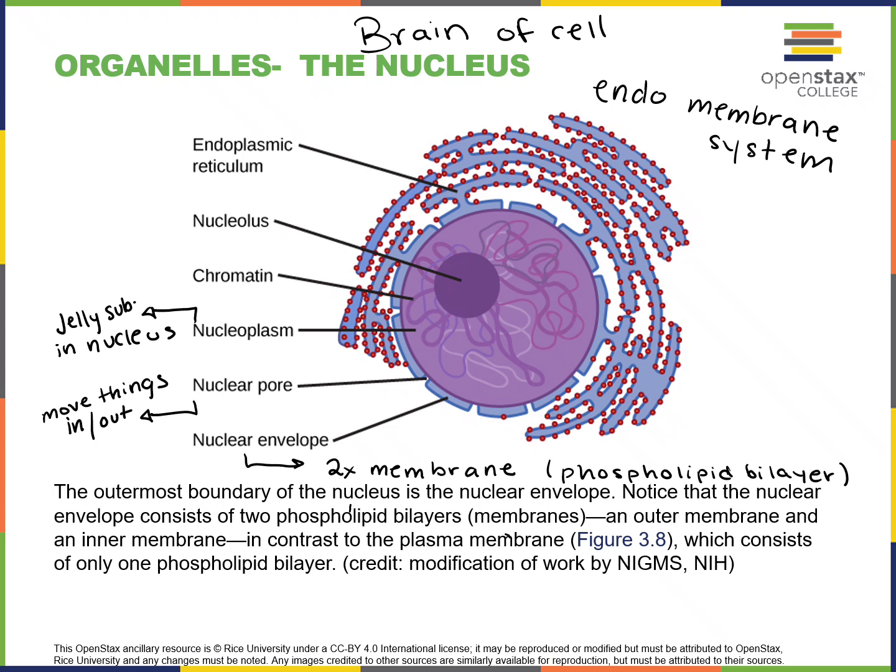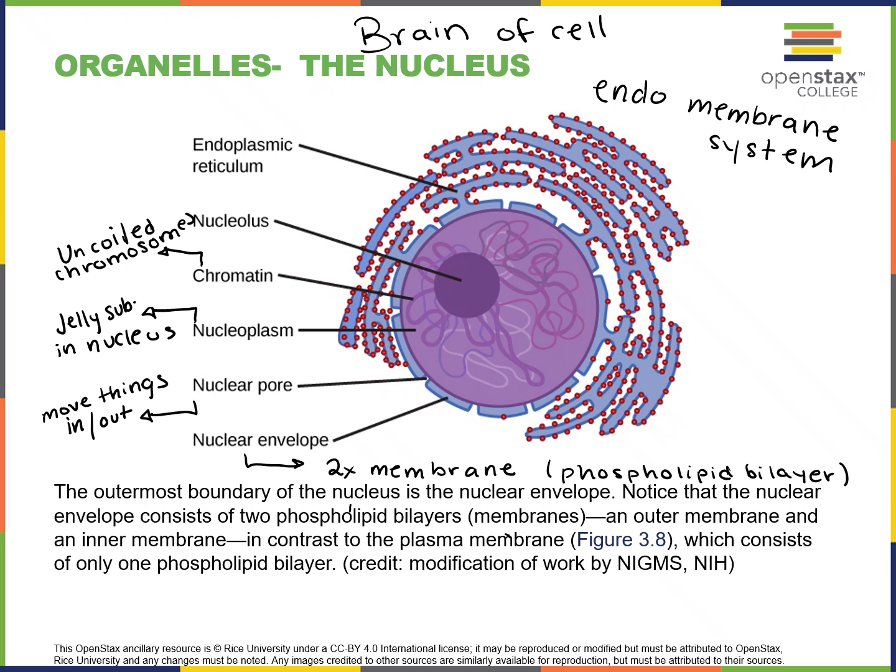Inside the nucleus, you'll see chromatin. Chromatin is the uncoiled version of DNA, chromosomes. Okay.